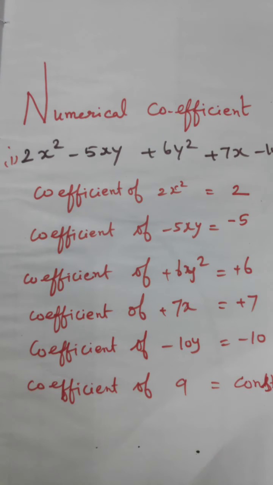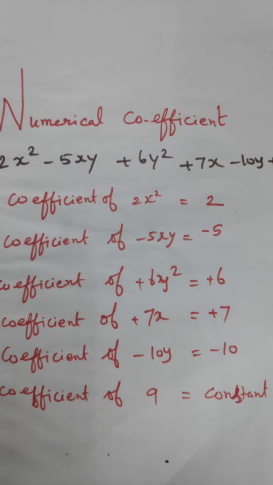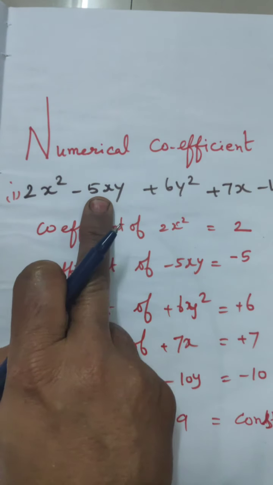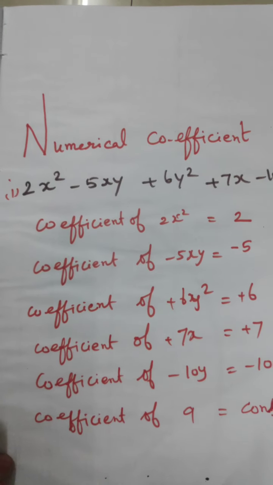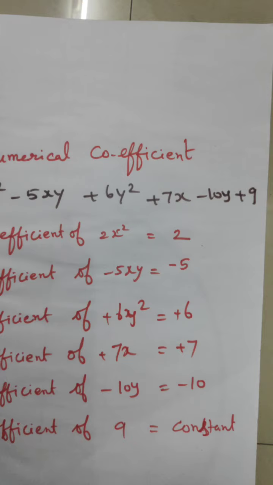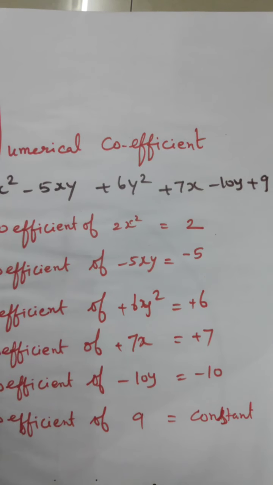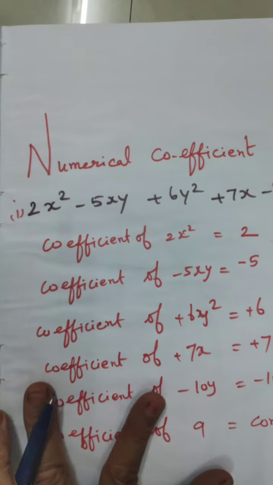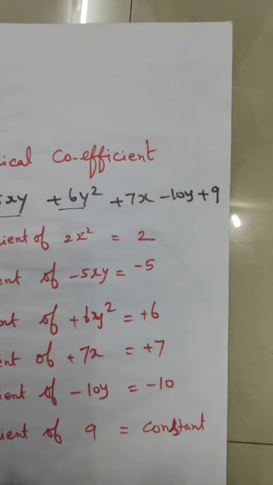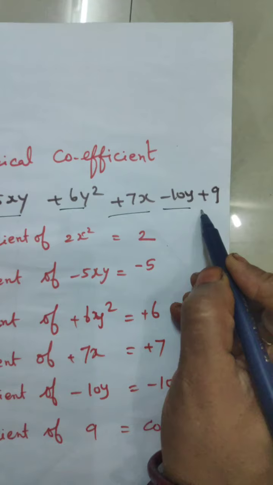Now I start numerical coefficient. What is the meaning of numerical coefficient? Example, 2x² − 5xy + 6y² − 7x − 10y + 9. Okay, how many terms are there? First term, second term, third term, fourth term, fifth term, sixth term.